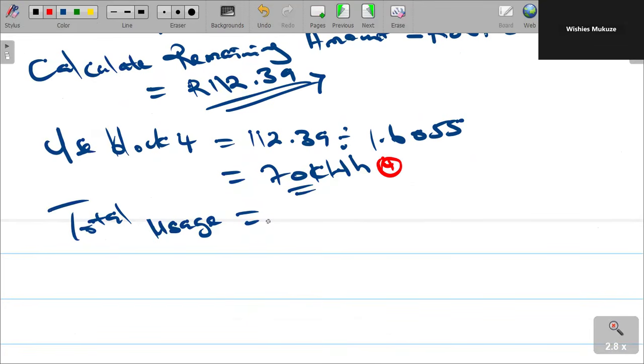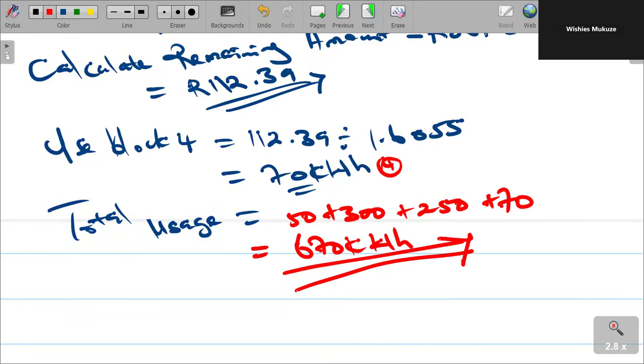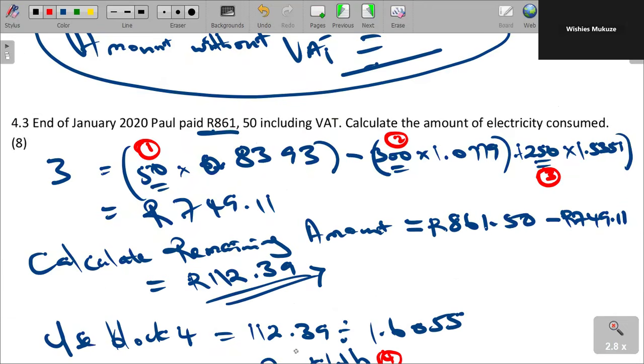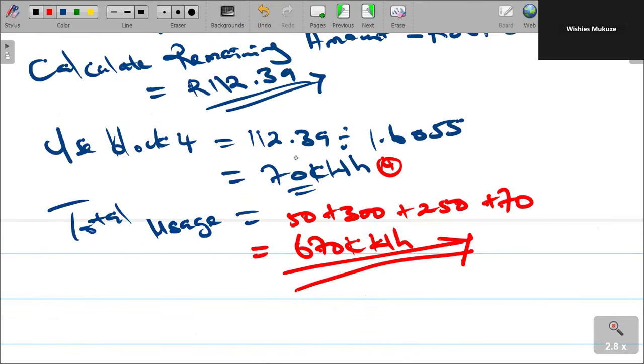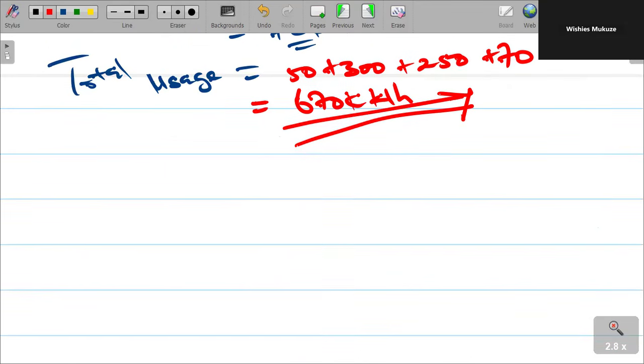We add all of these values, and this gives us 670. So the total usage is 670.